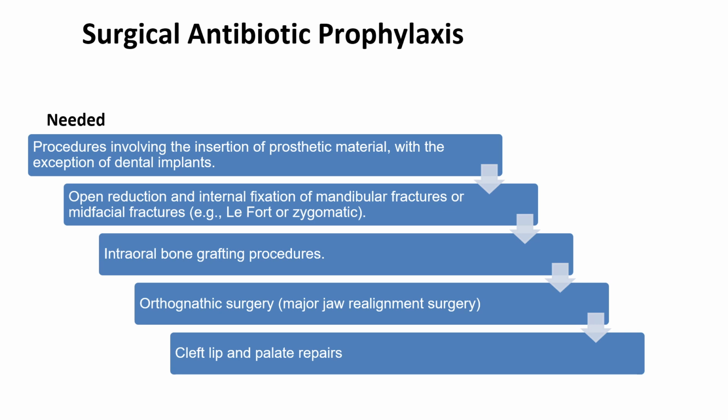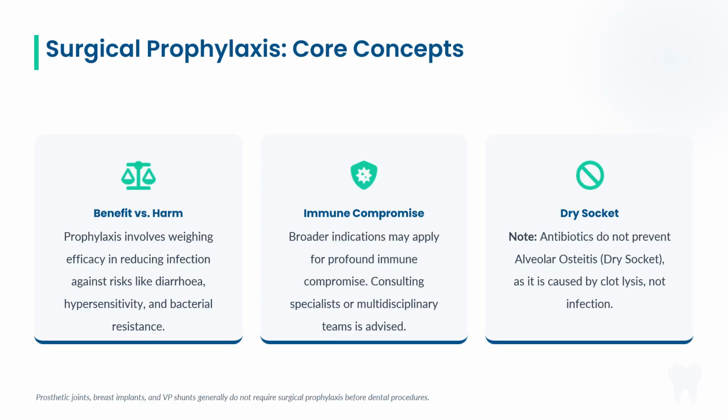They are talking about other prosthetic materials. Open reduction and internal fixation of mandibular fractures done by a specialist, intraoral bone grafting procedures done by a specialist, orthognathic surgery done by specialists, cleft lip and palate repairs done by specialists. So just touching base on those details.